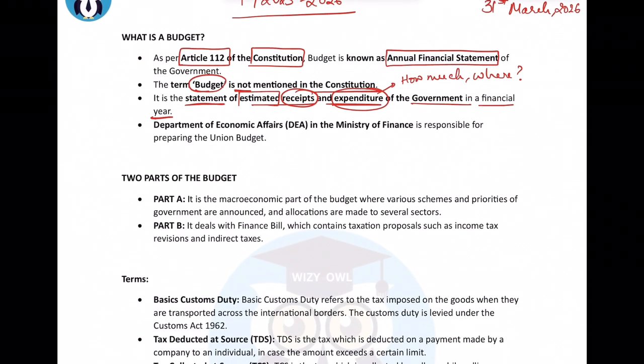It is prepared by the Department of Economic Affairs in the Ministry of Finance.